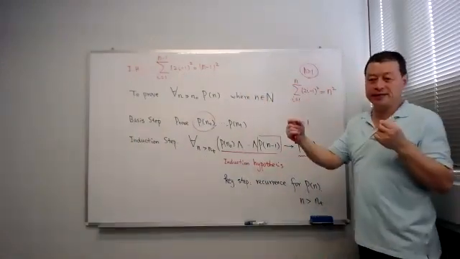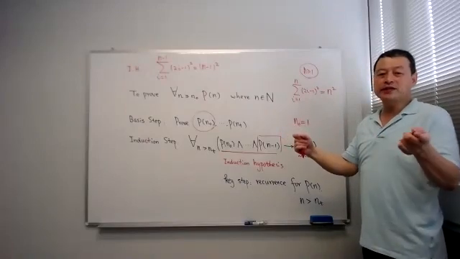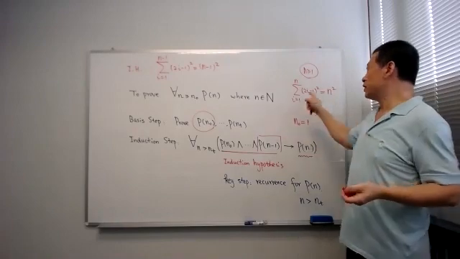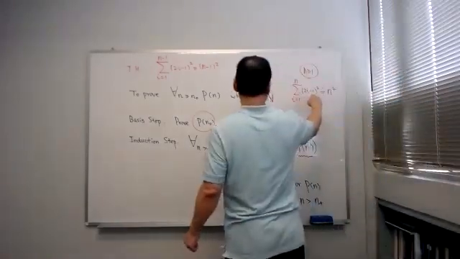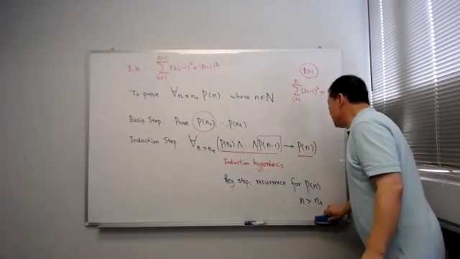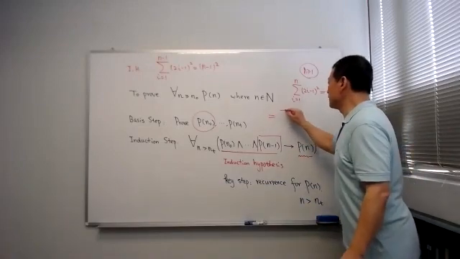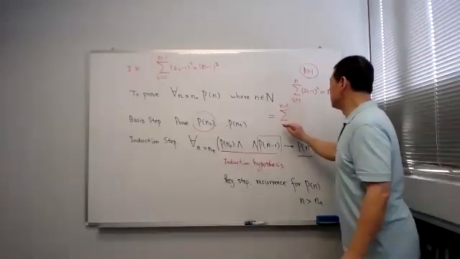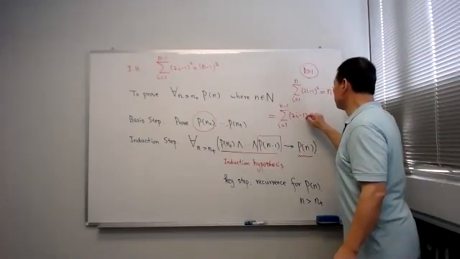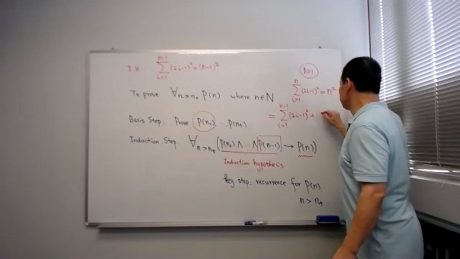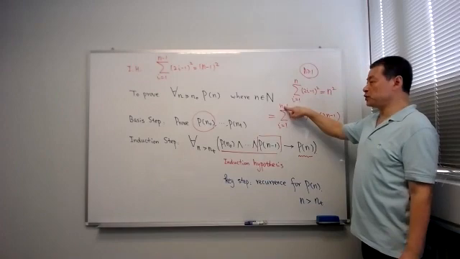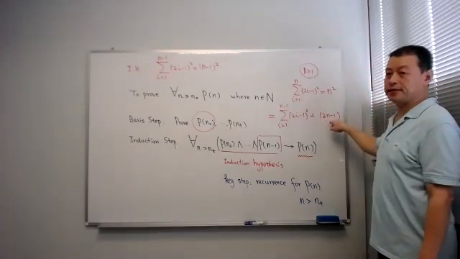Typically, most examples in the book are very easy. It's rather straightforward. So what we can do is this: this sum can be rewritten as the summation up to n minus 1, so one term is here, and the last term is here.